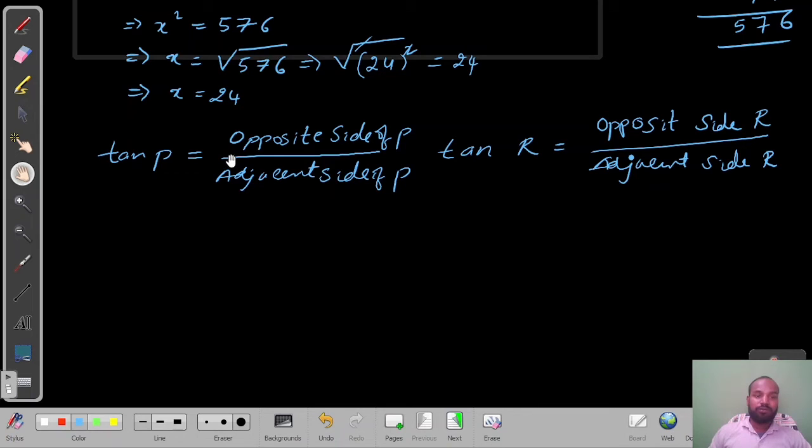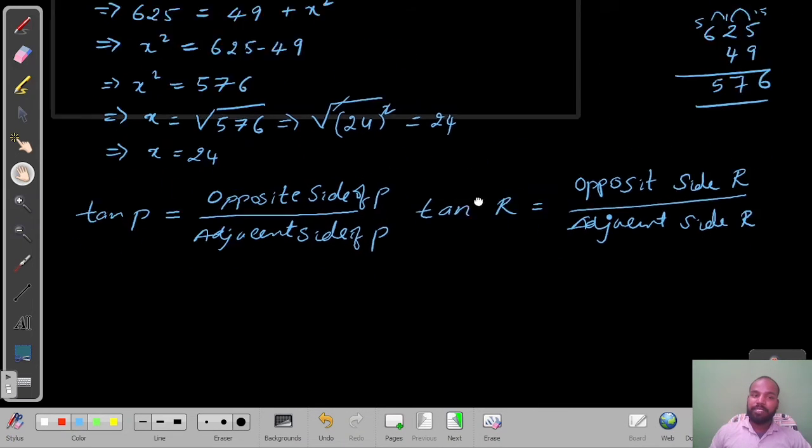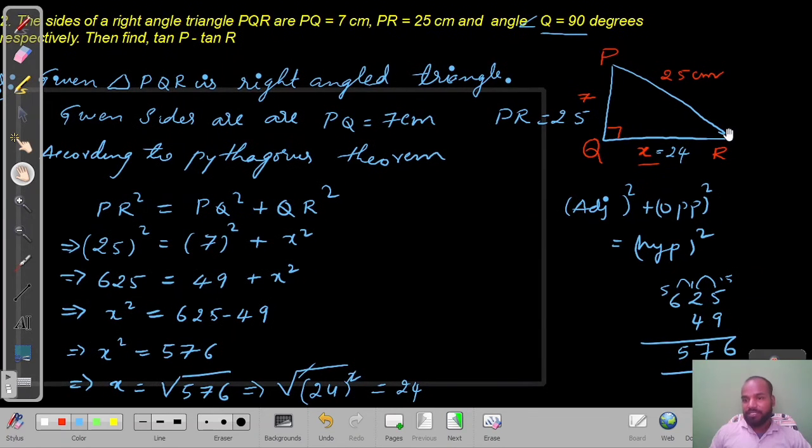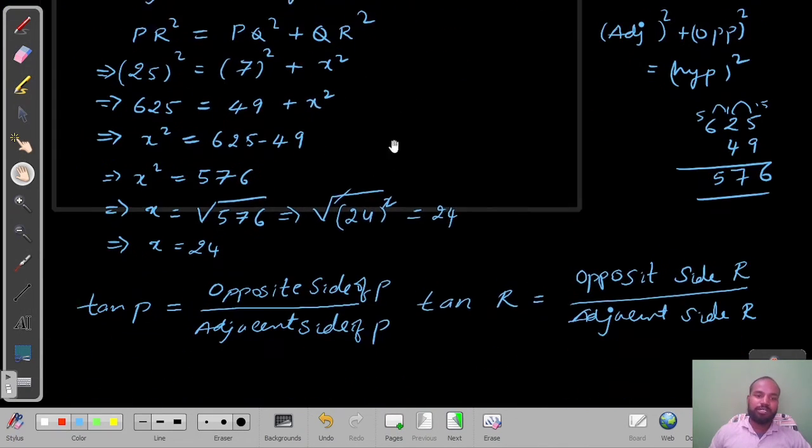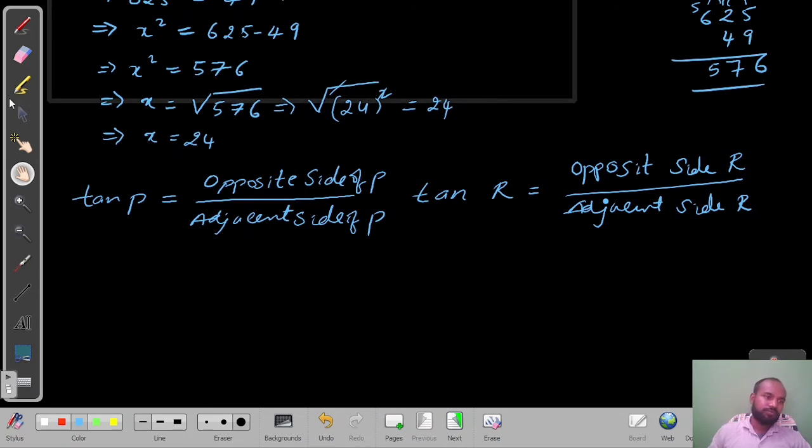Now for tan P, the opposite side of P: see here, this is P. What is opposite to P? Opposite to P is QR. Are you clear? So I am writing here, opposite to P is QR.